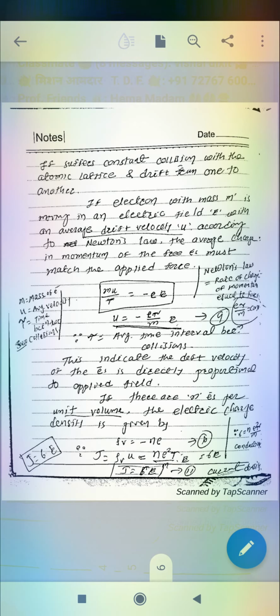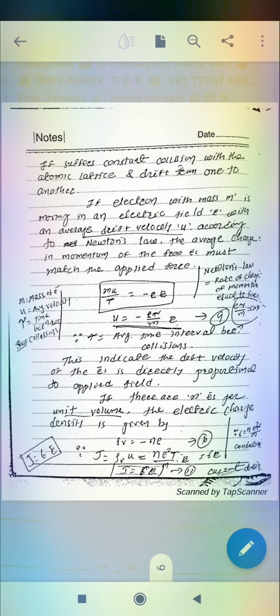See here, the electron with mass m is moving in an electric field E with an average drift velocity u, then we can consider Newton's law. Newton's law is that the rate of change of momentum is equal to force. The Newton law is applied here.